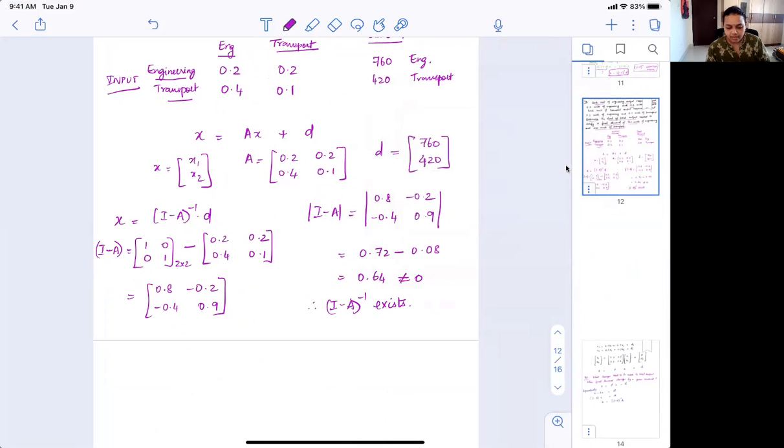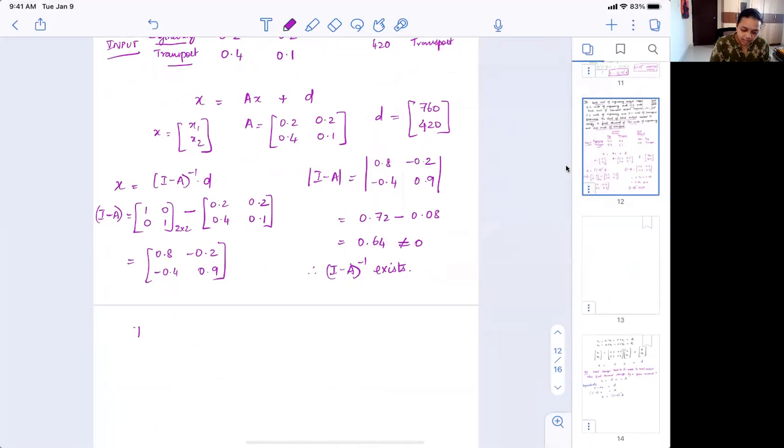So (I minus A) inverse will now be 1 by determinant of I minus A into adjoint of I minus A. And in the 2 by 2 case, we're going to write the adjoint by actually swapping the diagonal elements. So instead of 0.8 and 0.9, we have 0.9 and 0.8.